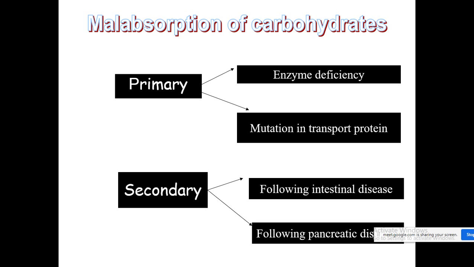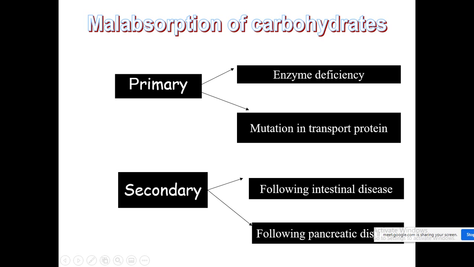Then coming to the disorders associated with carbohydrate digestion and absorption. Malabsorption of carbohydrates is the primary disorder which you should know. This malabsorption can be because of two reasons: it can be primary or it can be secondary. Primary malabsorption is because of enzyme deficiency.